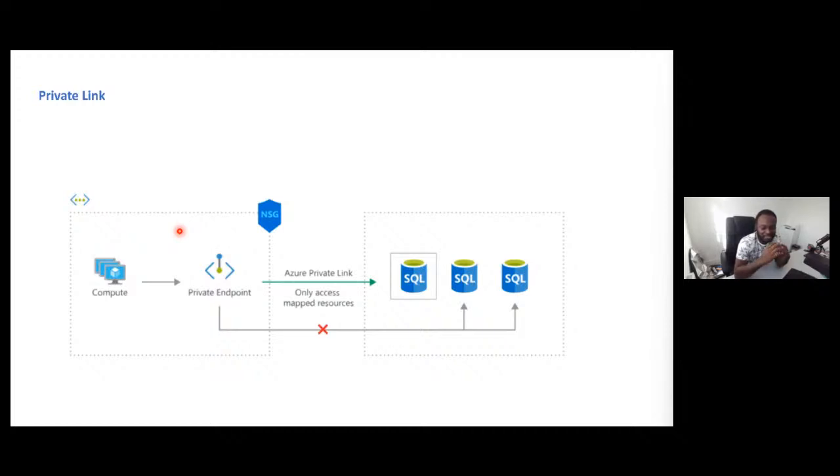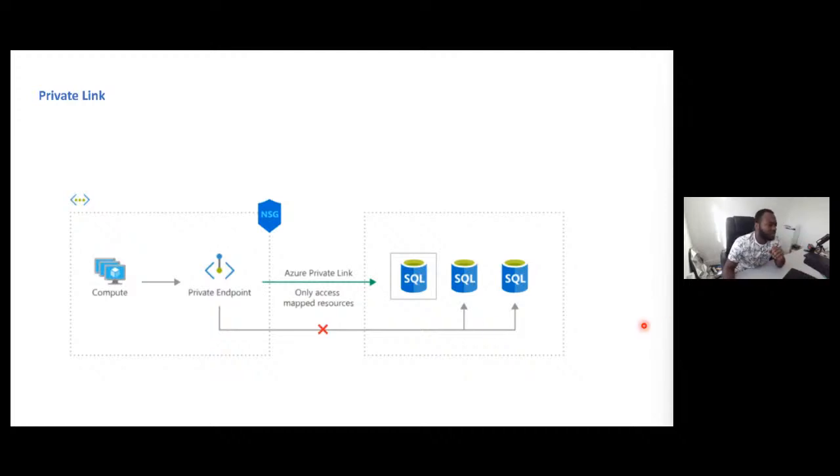So when it's acting like the same subnet, it allows that level of security, and traffic remains on the network with no public internet access. It also integrates with on-prem and peered networks. So doing this will definitely give a huge level of protection, especially against exfiltration of data or resources from your network.